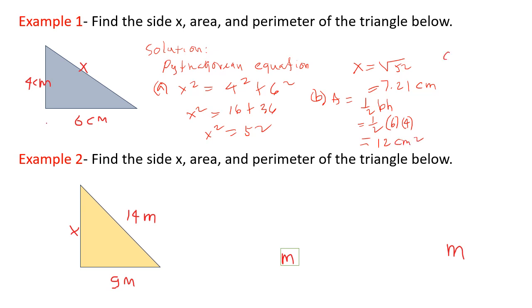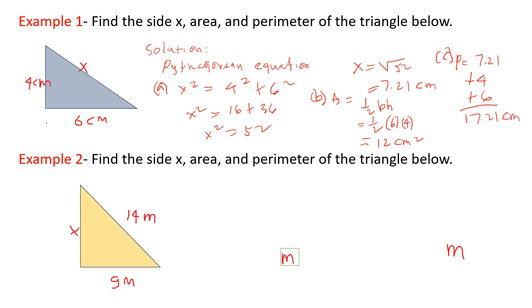Then letter C is perimeter equals 7.21 plus 4 plus 6 equals 17.21 centimeters.